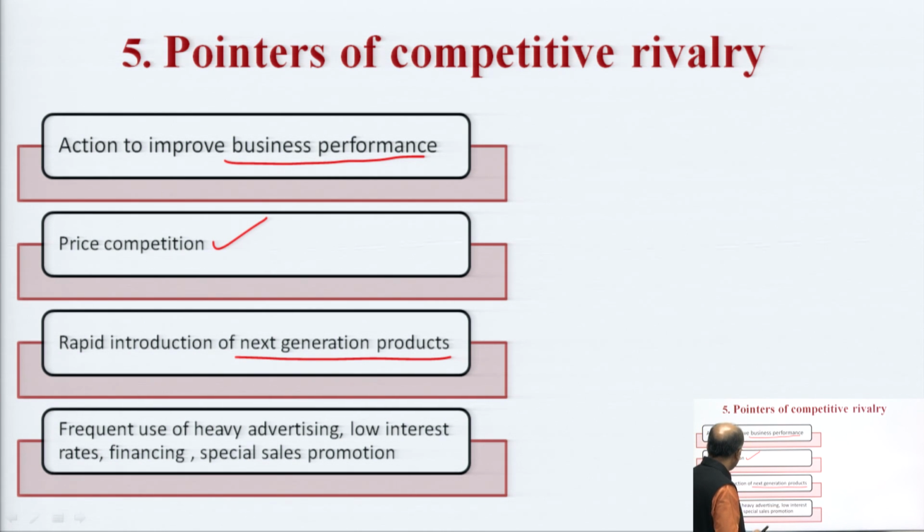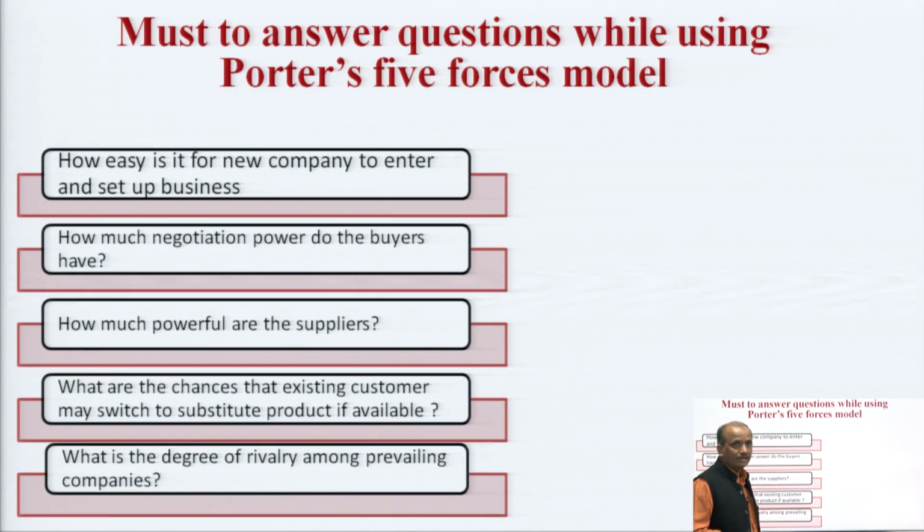If we are frequently bringing new products to the market, it means that we are hyper competitive and trying to grab or hold our market share for long. Frequent use of heavy advertising, offering low interest rate financing, and special sales promotions: if such offers are frequently floated, then this is also a pointer of competitive rivalry.